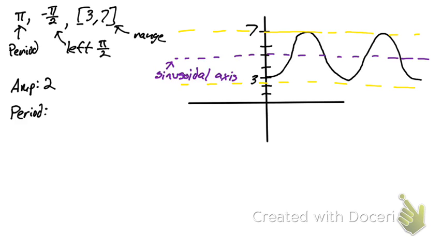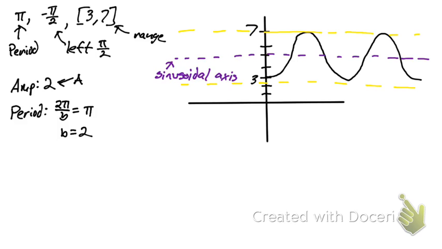The period. Period is 2 pi over b. But in this case, the period is pi. So we're going to set 2 pi over b equal to pi to get our b value equals 2. So our amplitude is our a value. We now have our b value.